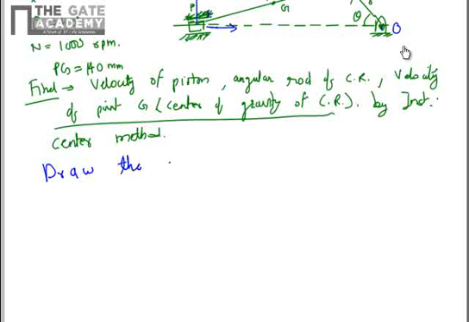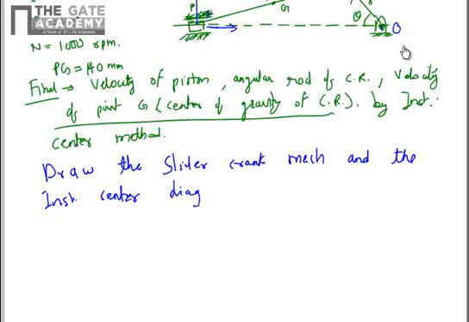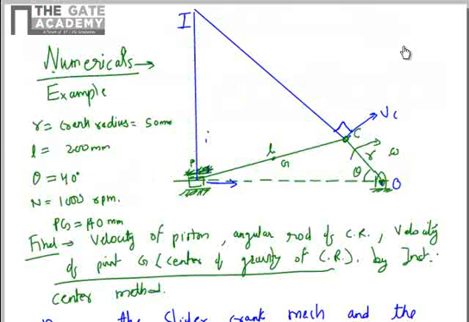So first thing is to draw the slider crank mechanism and the instantaneous center diagram to some scale. In this case, it is found that the scale of 2.5 will be good enough to do in an A4 sheet. After that we have to find out the velocity Vc.